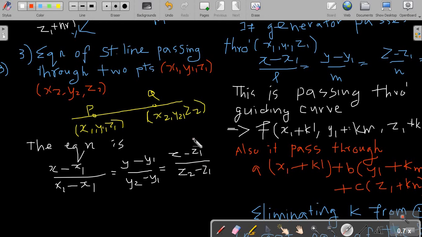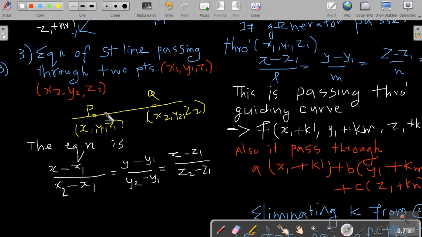That is this one. Suppose this is a straight line, and P and Q are any 2 points. Let P be (x1, y1, z1) and Q be (x2, y2, z2). Then the third form of the equation is given by (x minus x1) divided by (x2 minus x1), and here it should be x2, not x1.